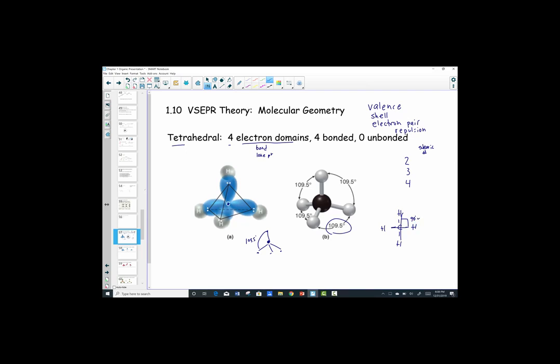So a tetrahedral molecular geometry has 4 electron domains all bonded to another atom. Carbon tetrachloride, CCl4, would be another example, where the central atom has 4 electron domains, all 4 bonded, 0 unbonded. 4, 4, 0 is how you would read your VSEPR chart, finding it as tetrahedral in shape.